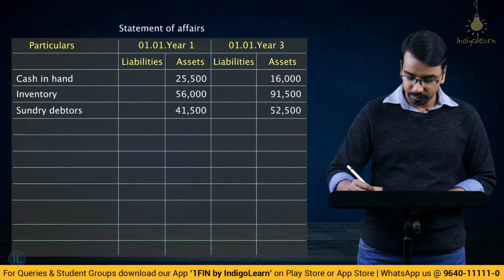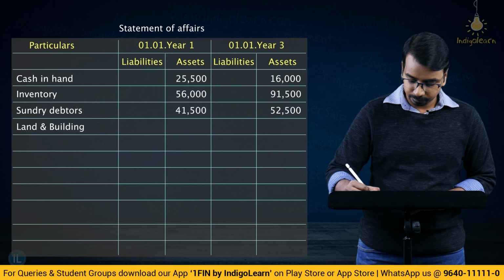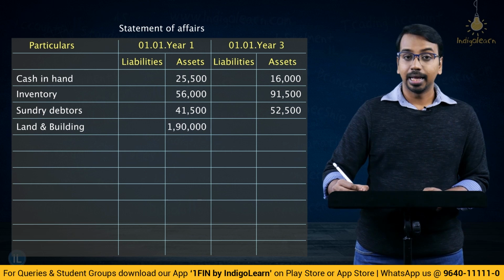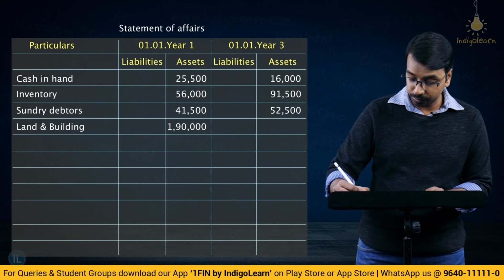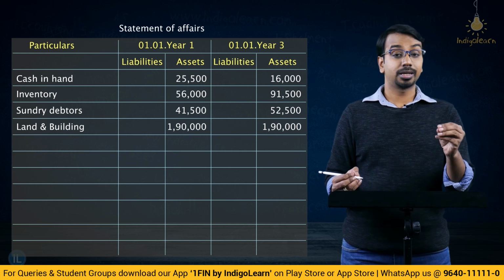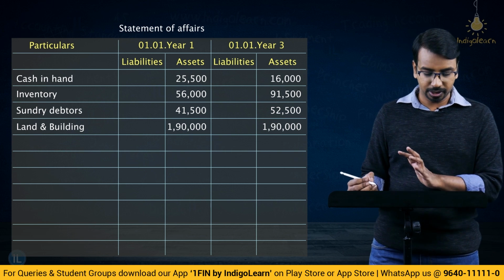Then you have land and building, land and building 1,90,000 and as on 1st of January of year 3 also it is 1,90,000. Now, the building has not changed, we have not considered depreciation on this land and building.